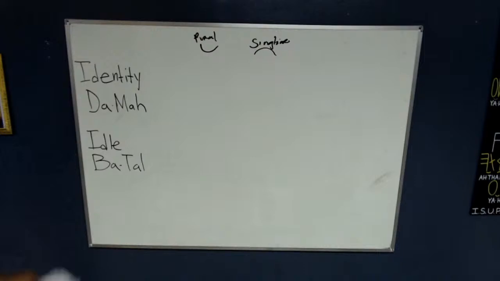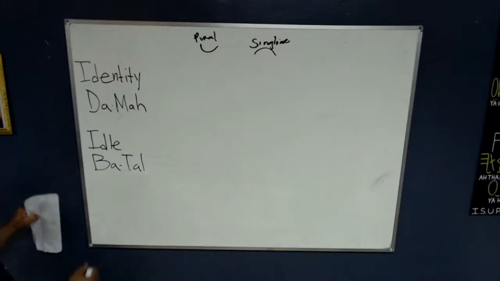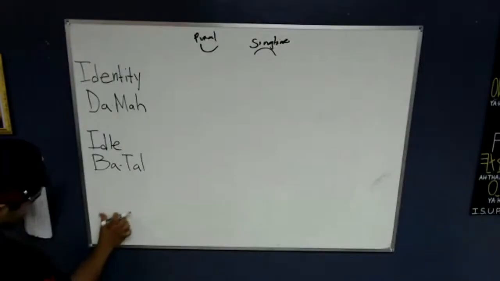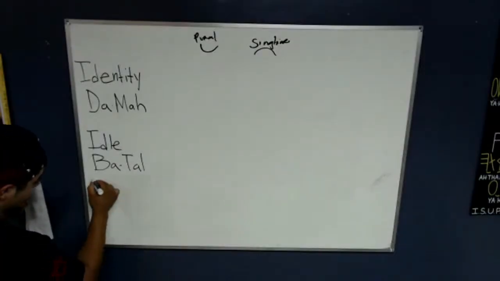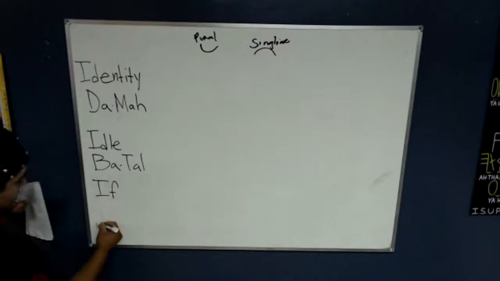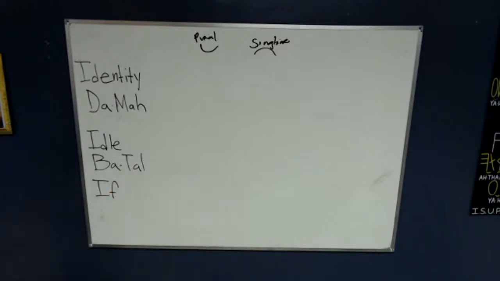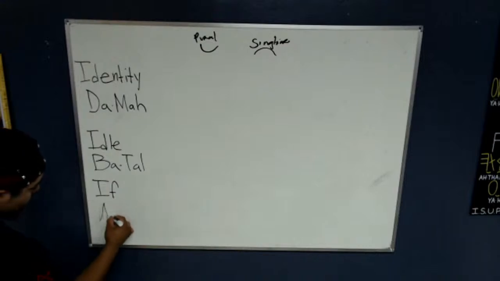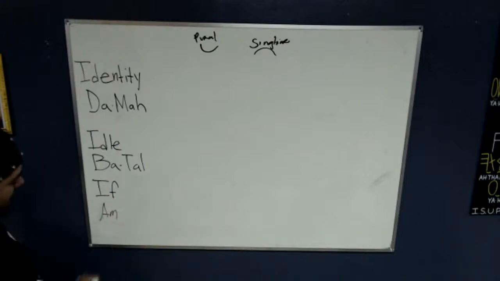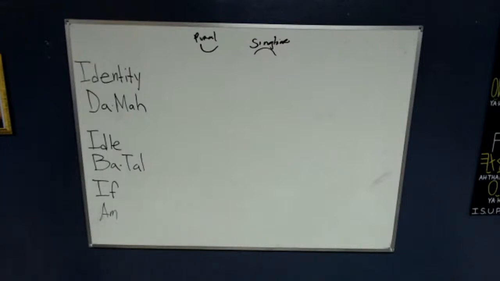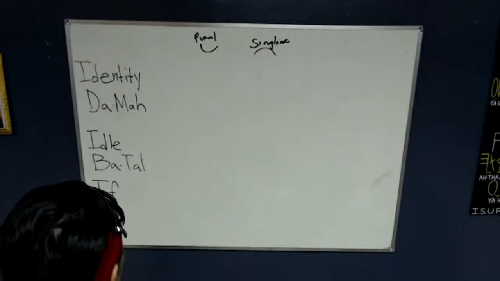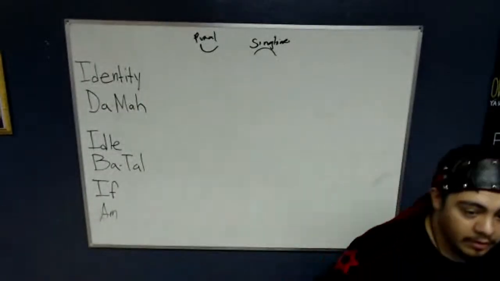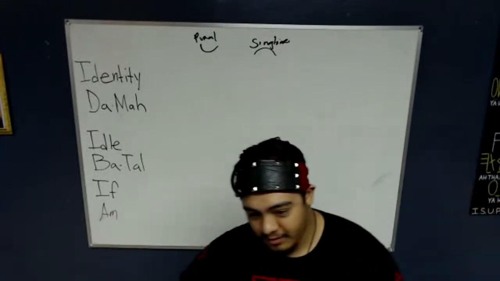Right? Ba tall. Then we got if. Right? If. If, right? And that's am. Right? Am. If, am. Right?